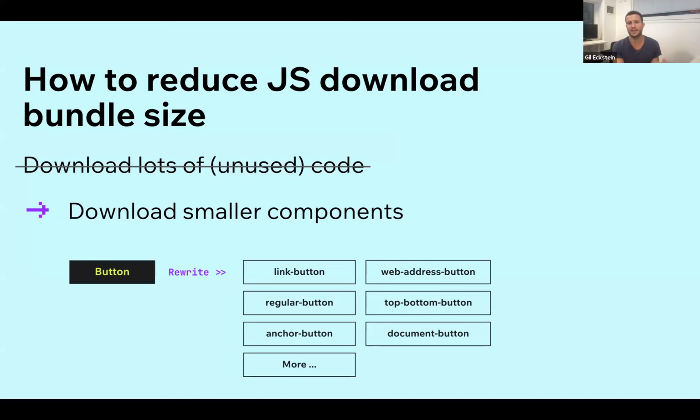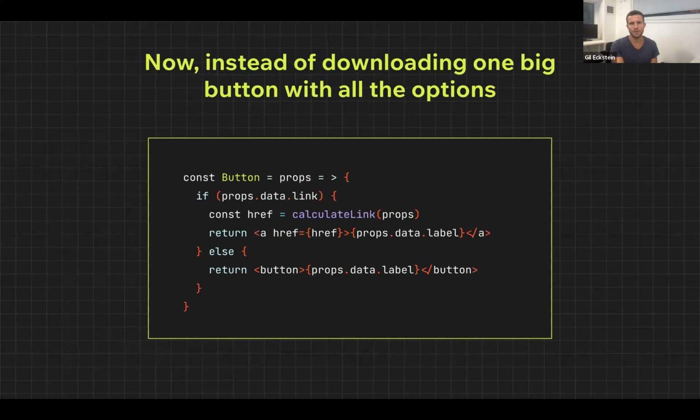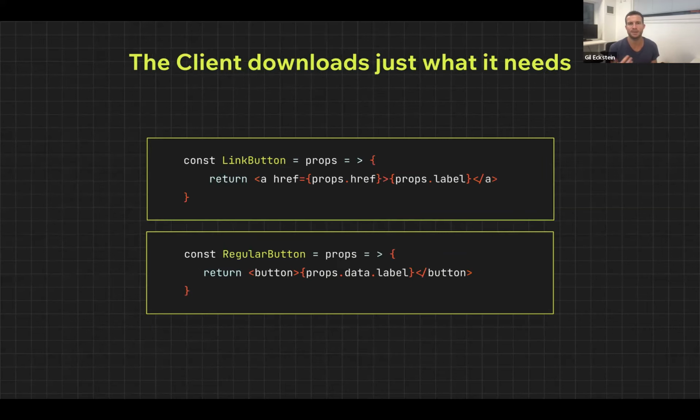If you had many types of navigations, maybe you need different types of components for each navigation type that the user chose. So instead of downloading one big button with all the options, we can split the button into small feature-specific components, and then just render the one that is actually used, and also download only the one that is actually used.